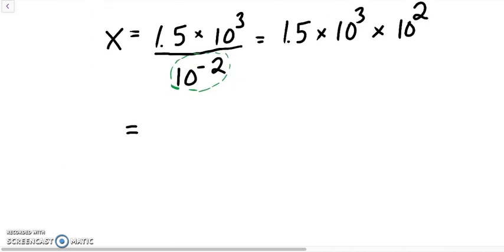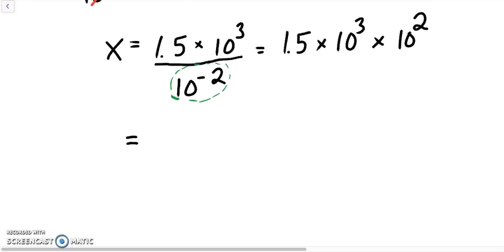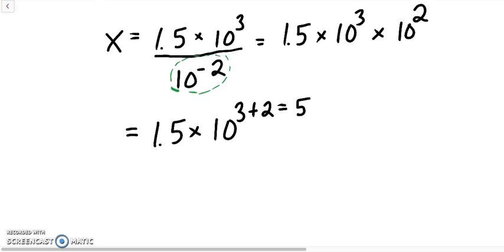Now since they have a common base, these two 10s, I can simply add the exponents. This is equal to 5.